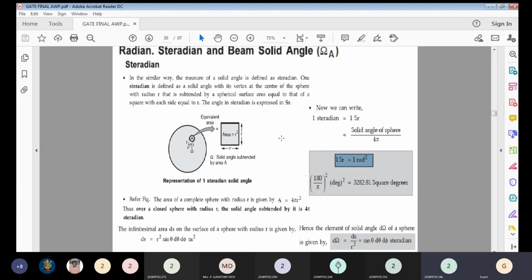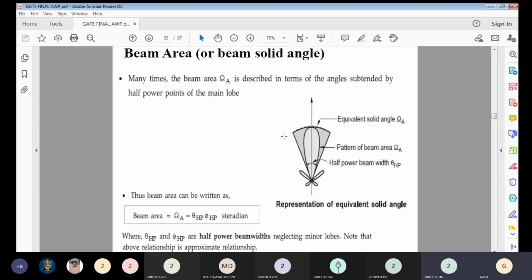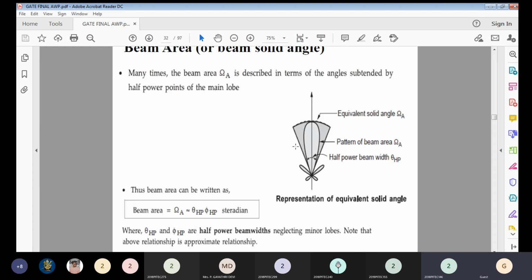Here you have to know what is beam area. So beam area, as you know, is the pattern of beam area, half of beam width and equal solid angle.